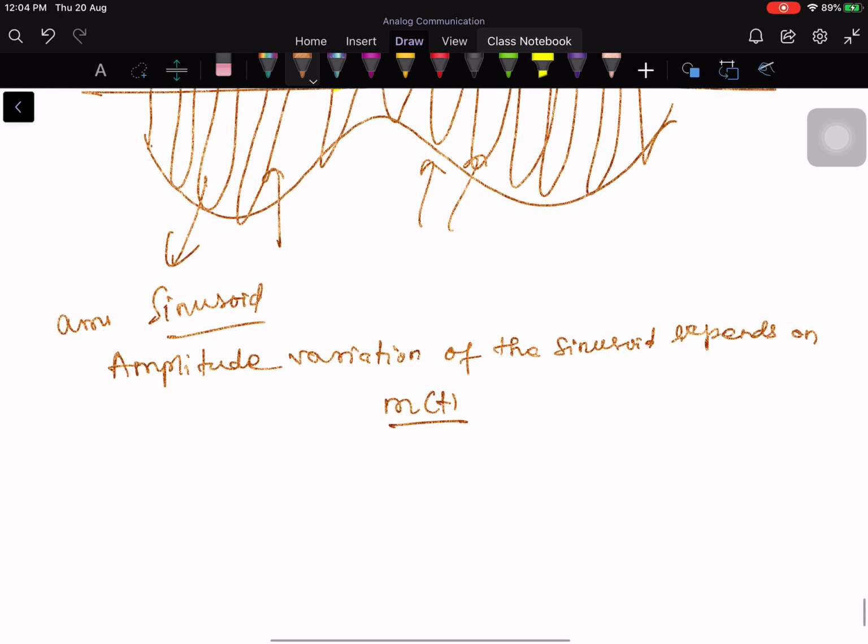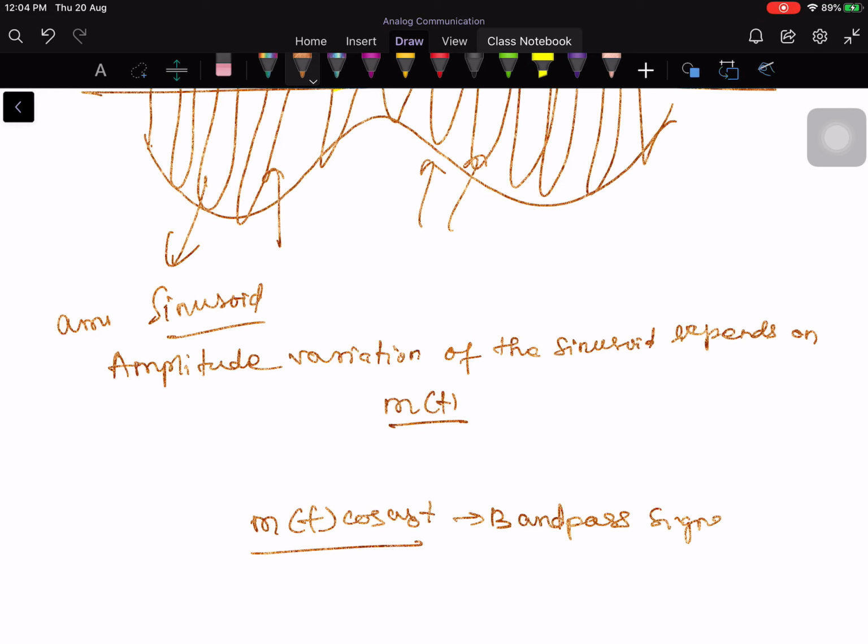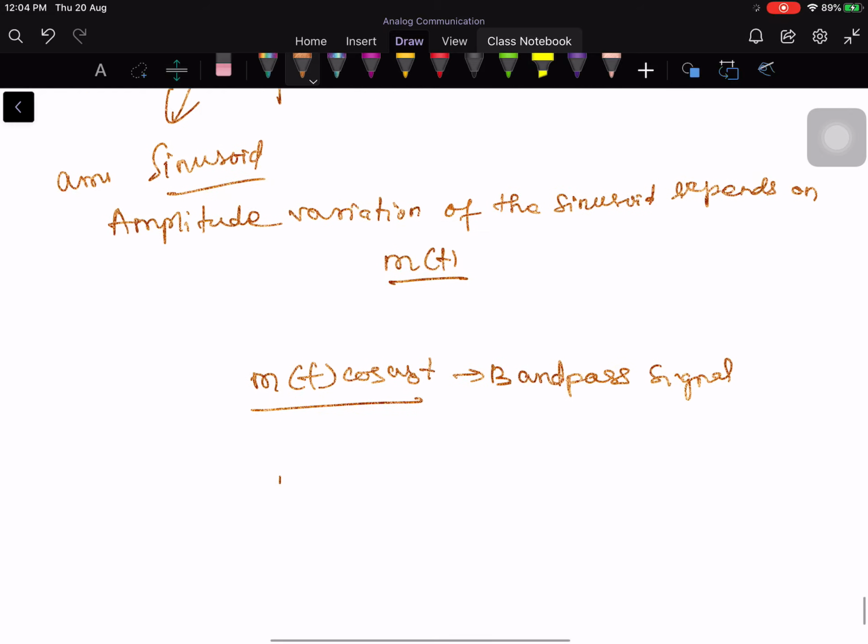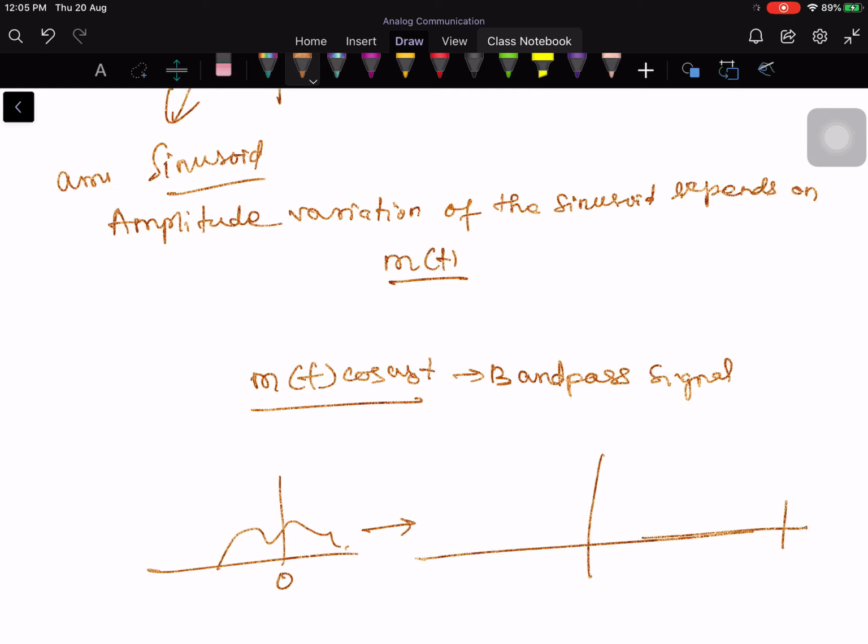And now if you look at this m of t and cos omega naught t together, this is called a band pass signal. Why is it called a band pass signal? Originally m of t was a low pass signal because its spectrum is around 0 hertz like this. The moment you multiply with the cos omega naught t, the spectrum is translated to a center frequency of omega naught.